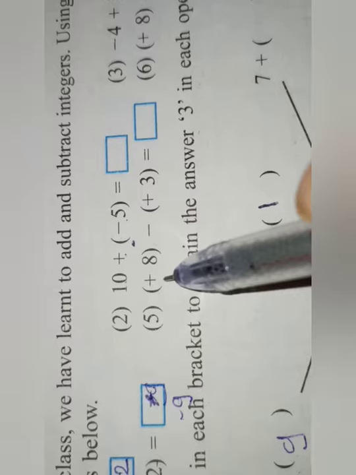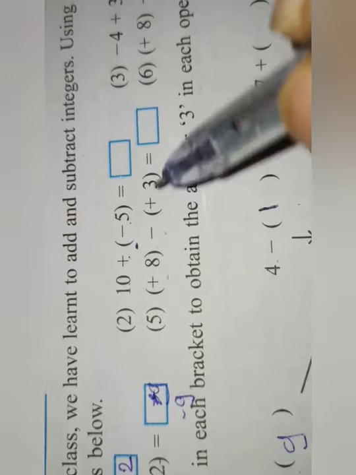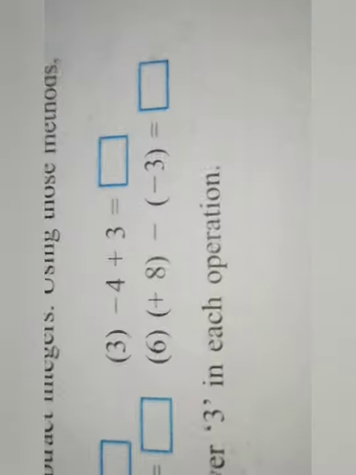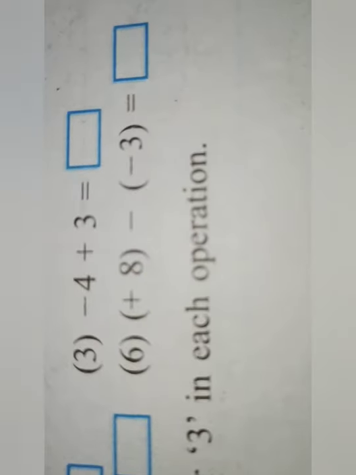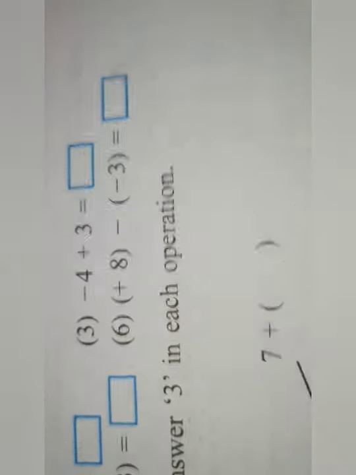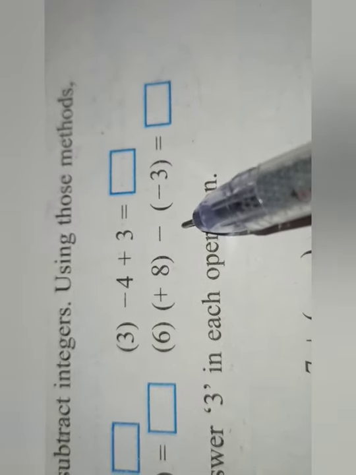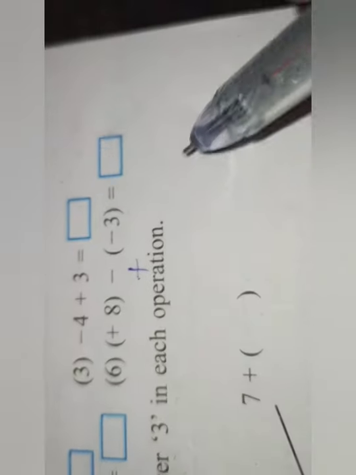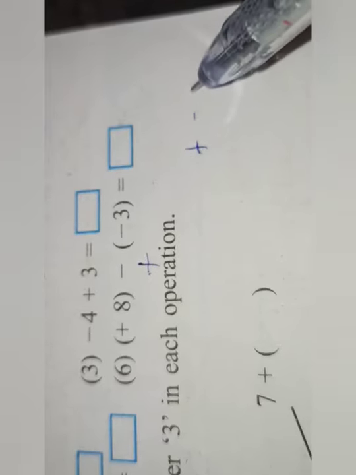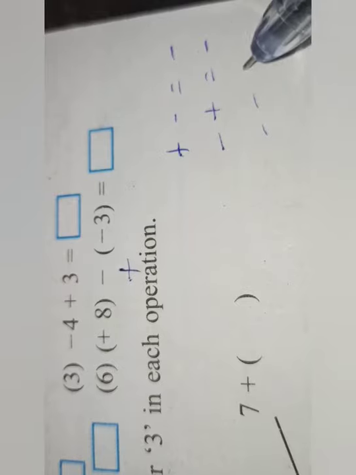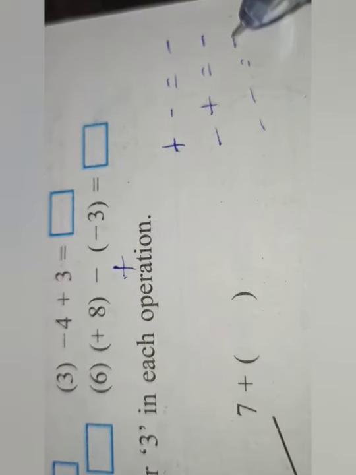Okay, here again plus 8 minus in the bracket plus 3, again minus and plus, minus. Okay, minus 4 plus 3, just do the subtraction and give the sign of the bigger number. Again here plus 8 and minus becomes plus. Okay, plus minus becomes minus, minus plus becomes minus, and minus minus becomes plus.